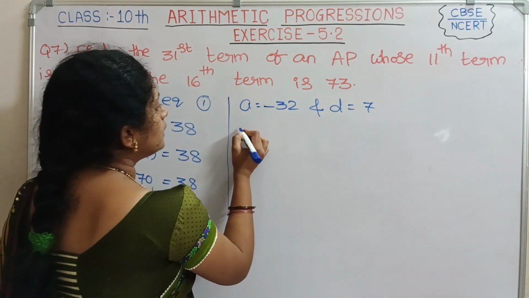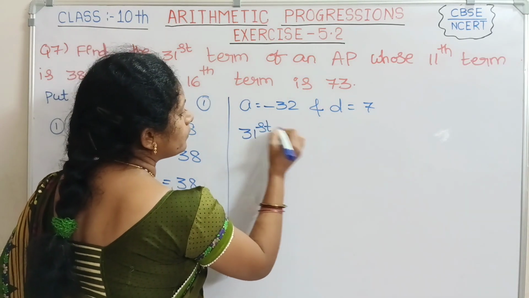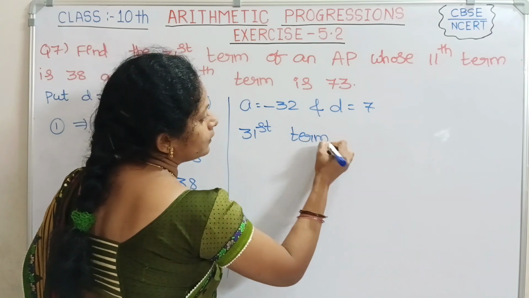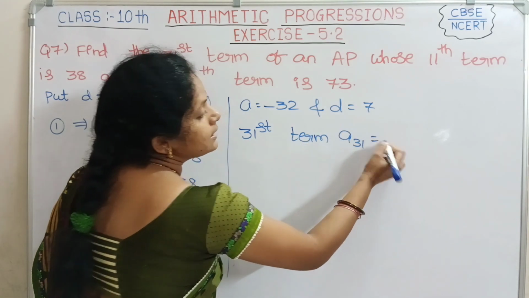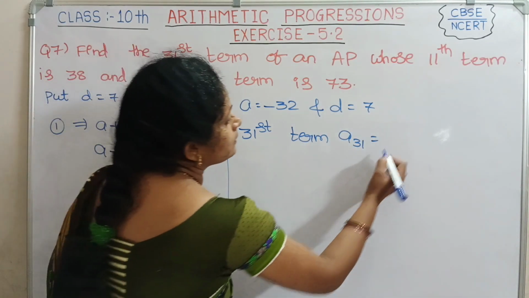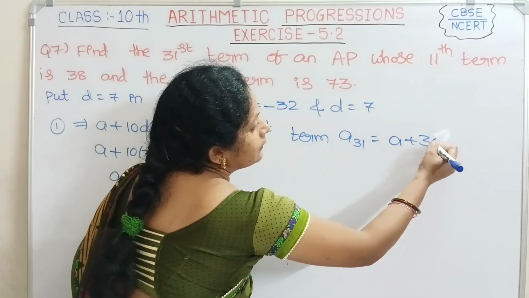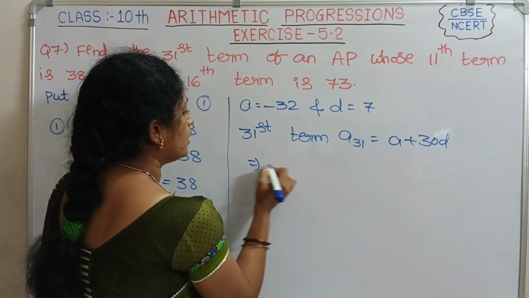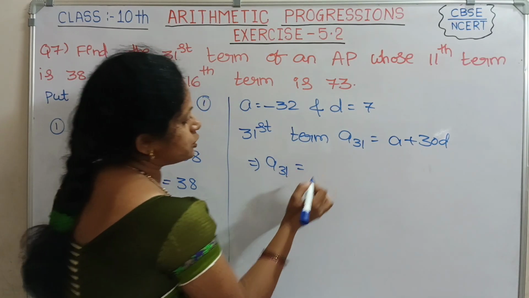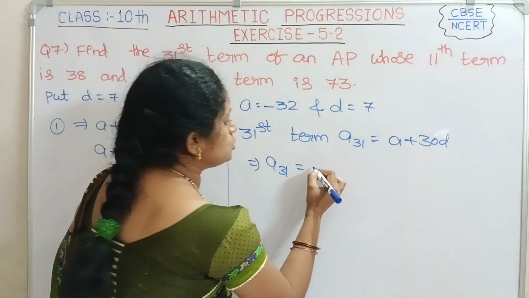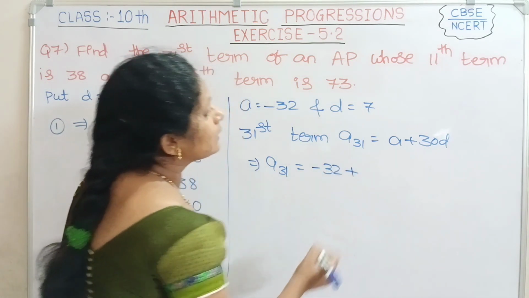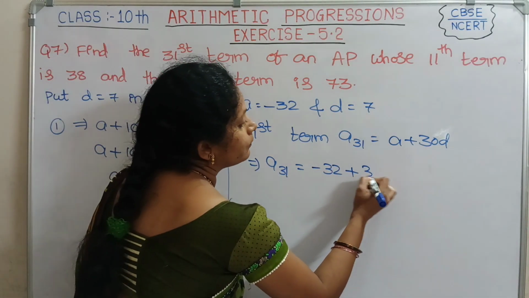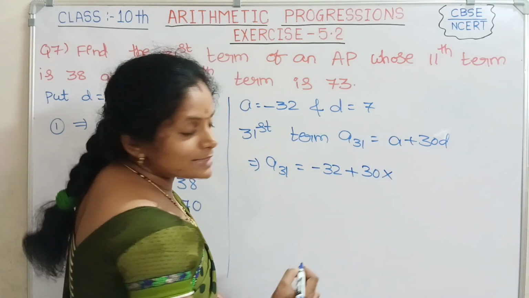Then the 31st term, that is A31 is equal to A plus 30 into D. A31 equals A is minus 32 plus 30 into D value which is 7.